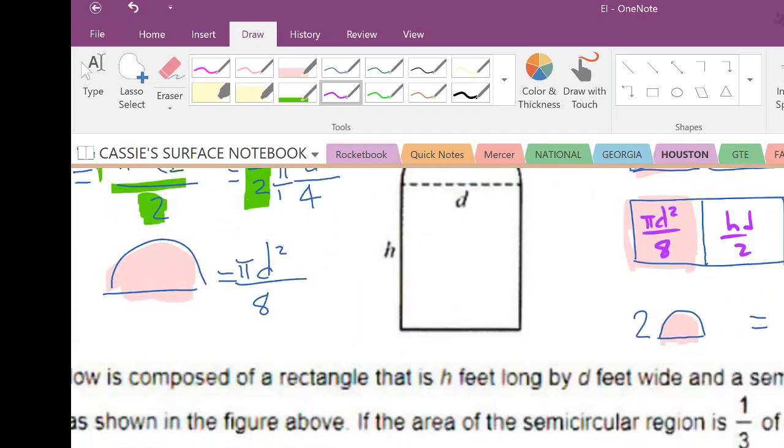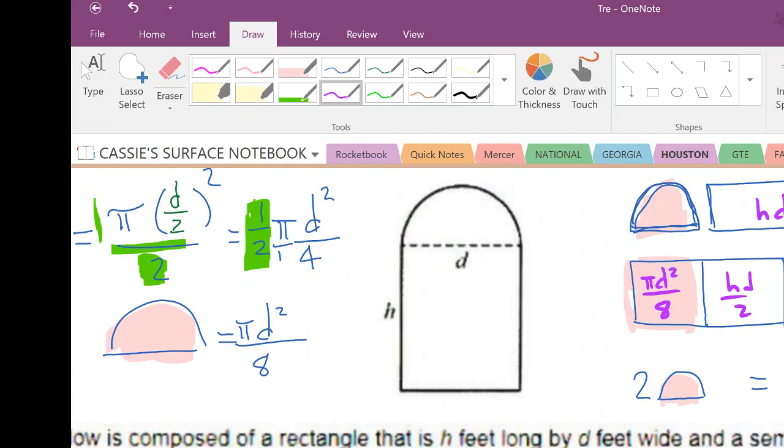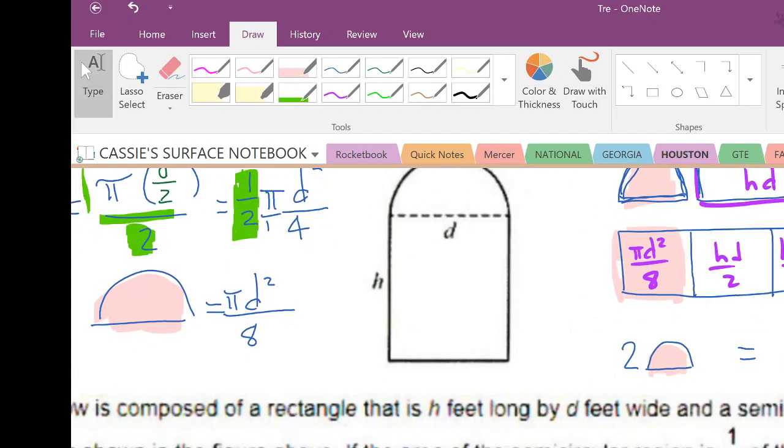I'll do this one. Let's say that 2 times my pi d squared over 8 gives me the exact same quantity as 1 of the entire rectangle, and the entire rectangle is hd.